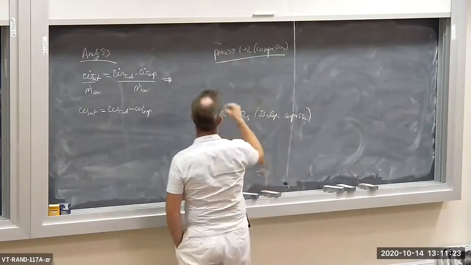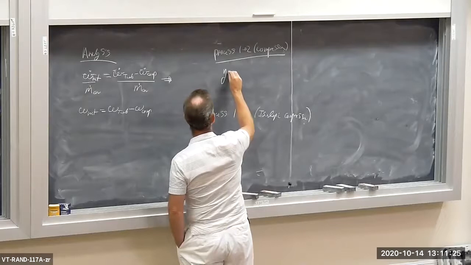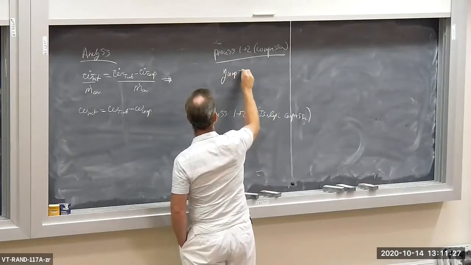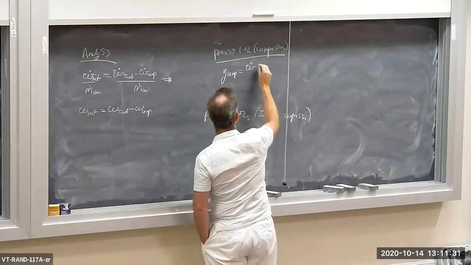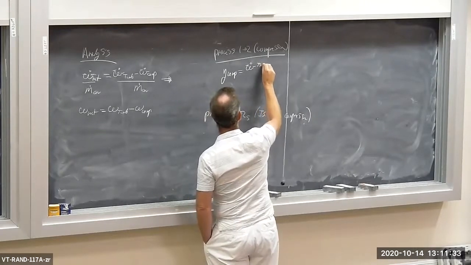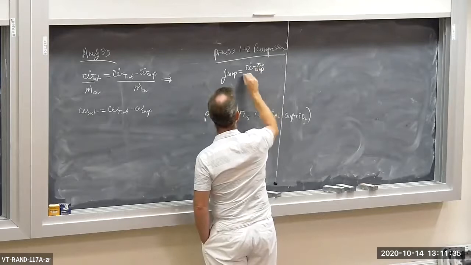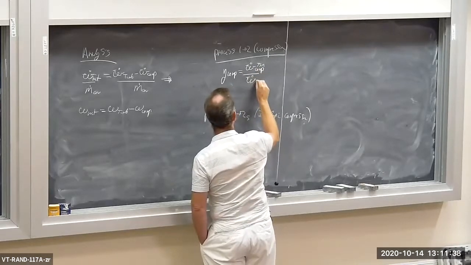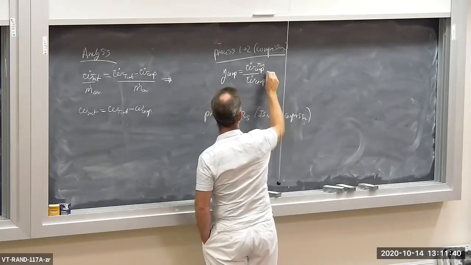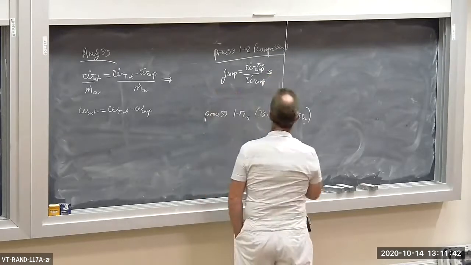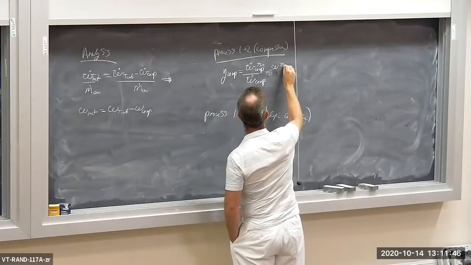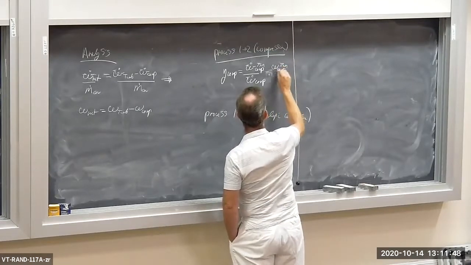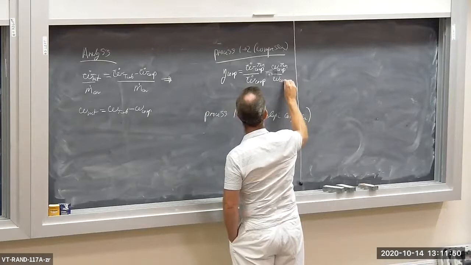The definition of isentropic efficiency of a compressor is W dot of the isentropic compressor divided by W dot for the actual compressor. Of course, I can divide this by mass flow rate and I get W isen compressor divided by W compressor.